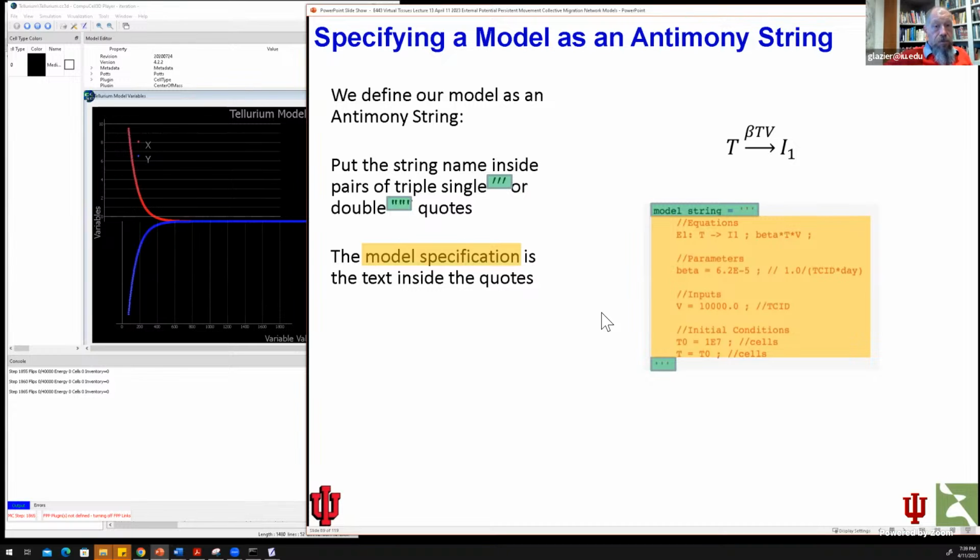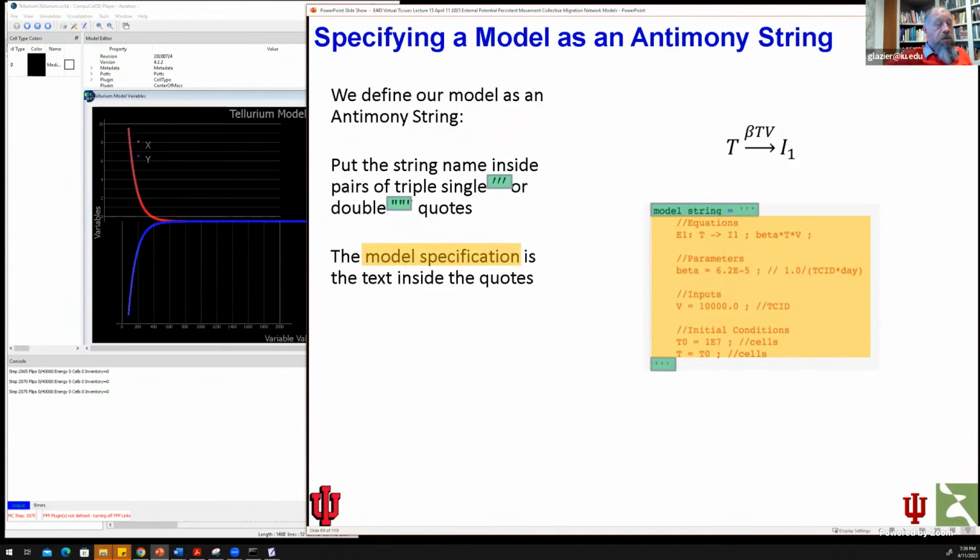But let's just think about antimony syntax for the last 10 or 15 minutes of the class. Antimony is a string. It's just a sequence of alphanumeric characters. Typically, it has carriage returns in it, and that's why it has to be in triple quotes.